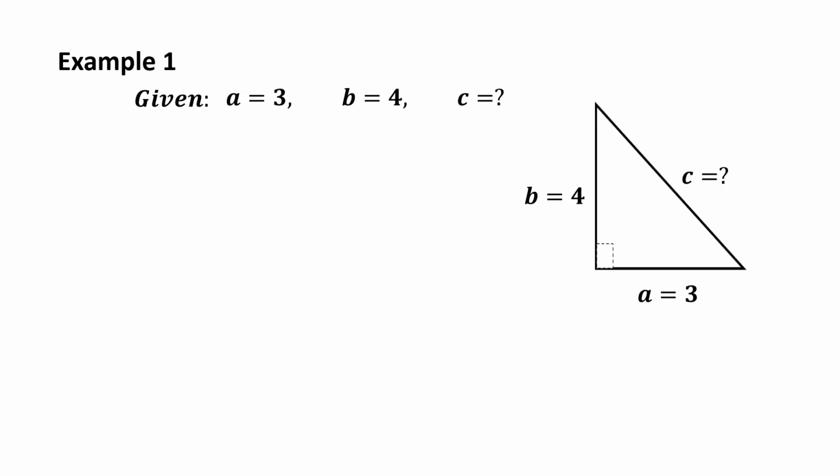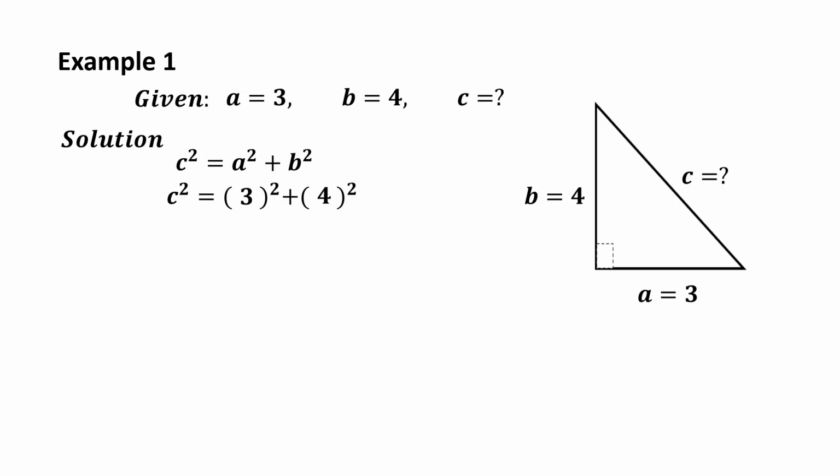By applying the Pythagorean theorem and its formula, we can find the value of the hypotenuse. Solution. The formula is, c squared is equal to a squared plus b squared. Next, let us substitute the values of a and b in the formula. We have c squared is equal to, a is equal to 3 and b is equal to 4.